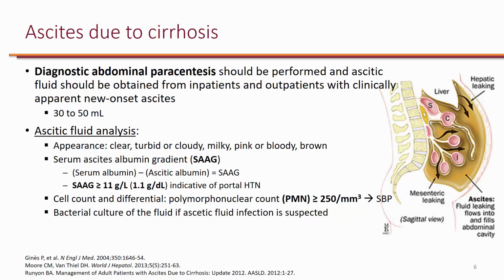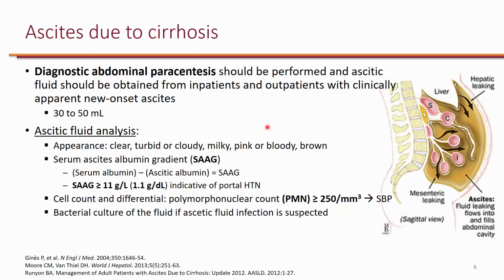So the most important diagnostic evaluation to do when patients develop ascites is to perform a diagnostic abdominal paracentesis. They will use a needle and draw about 30 to 50 ml of fluid from the ascitic fluid. Just a small volume, because this is meant for diagnostic purposes, and you can do analysis of the fluid.